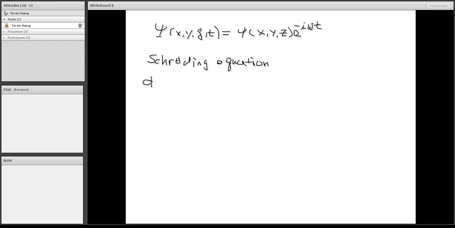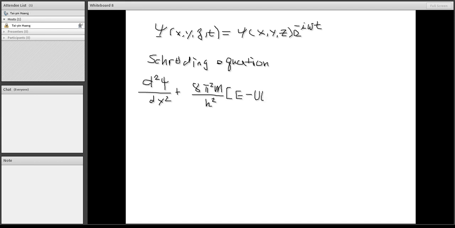It's a second-order differential equation: d squared psi dx squared, because we're dealing with the one-dimensional case, plus 8 times pi squared times the mass of the particle over the Planck constant squared, times the total energy of the system minus the potential of the system.